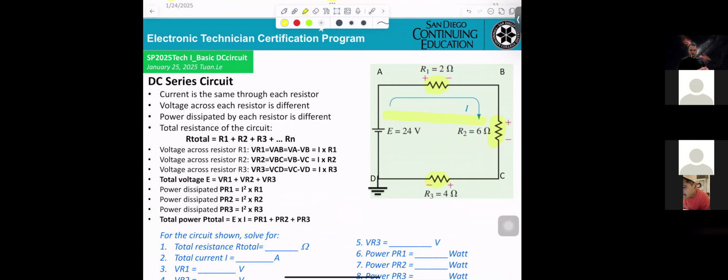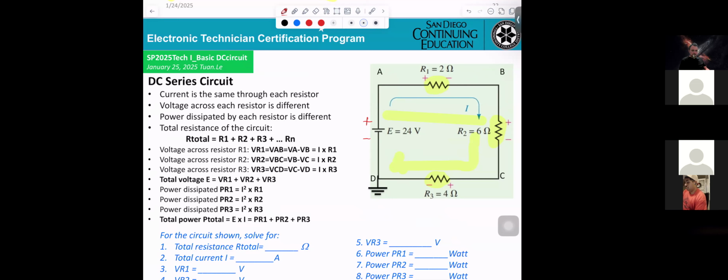They flow through R1, they flow through R2, and they flow through R3. That means only one current. Now I can tell you this side is positive, this side is negative.